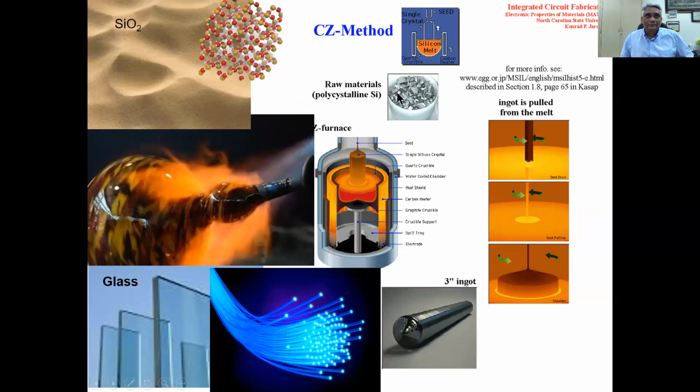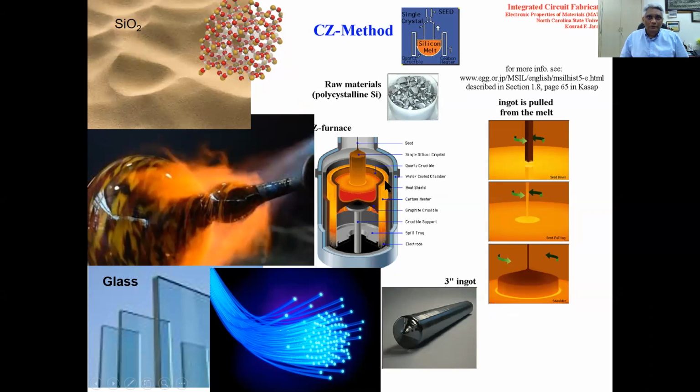So you get silicon as a raw material in polycrystalline form. You melt it in what is called the CZ method, the Czochralski method, and there's a slow cooling process involved. Here, there are two ways of doing it.